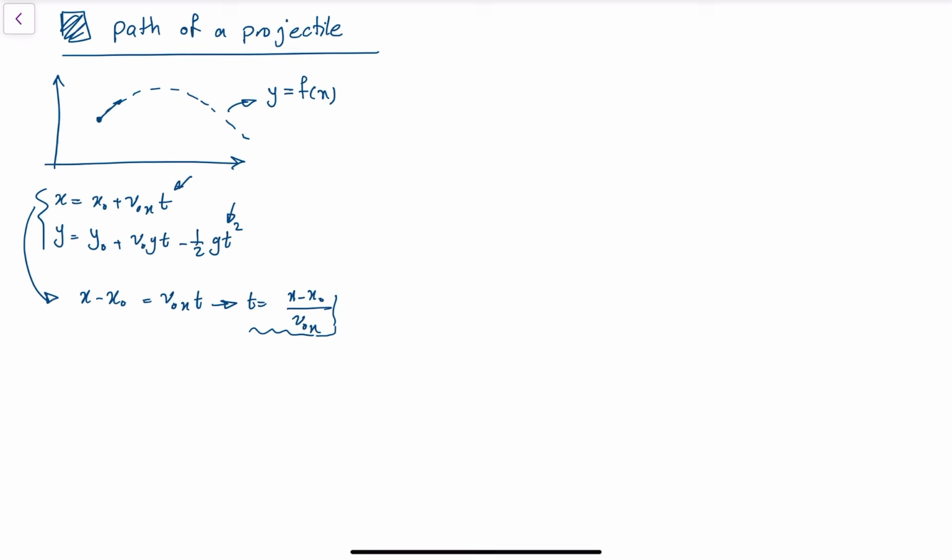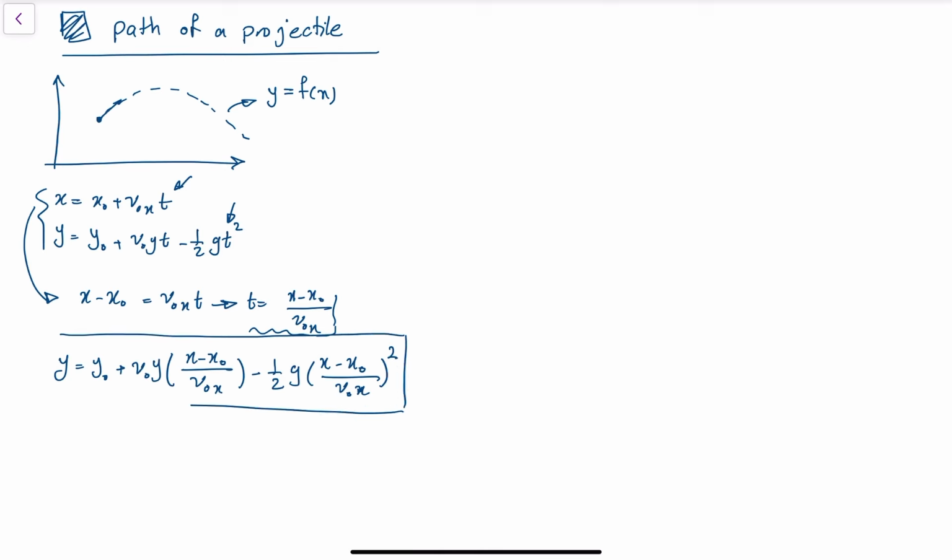And then I plug that into the second equation, y equals y naught plus v naught y times (x minus x naught over v naught x), minus 1/2 g times (x minus x naught) squared over v naught x squared. And that is an ugly yet practical equation for y as a function of x.